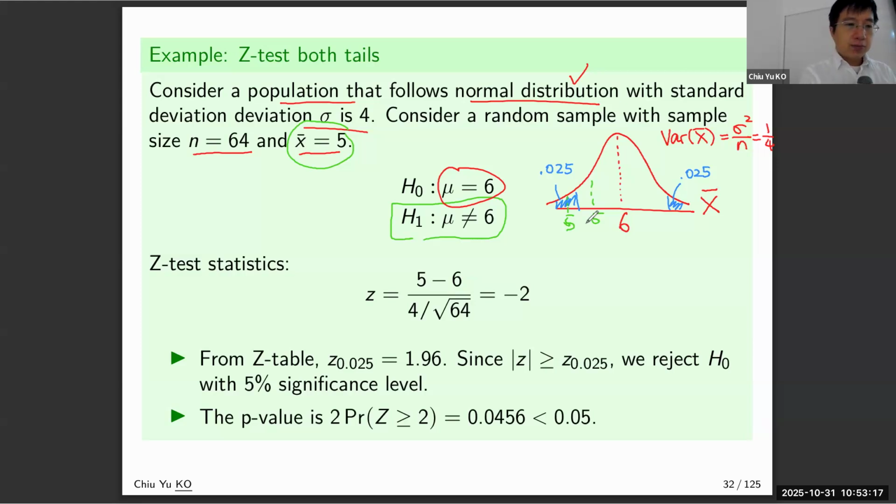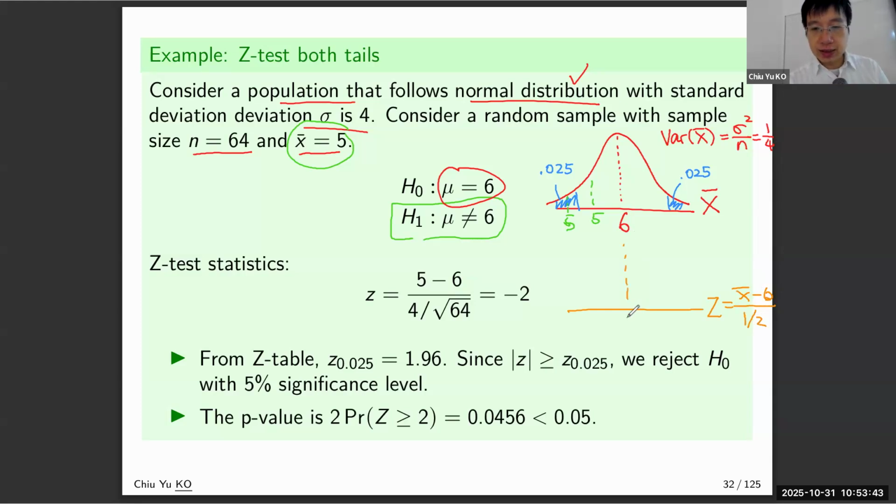So what you're going to do, okay? What I'm going to do is look at the z, right? Which is x bar minus 6 over 1/2, because the square root of a quarter is 1/2, right?